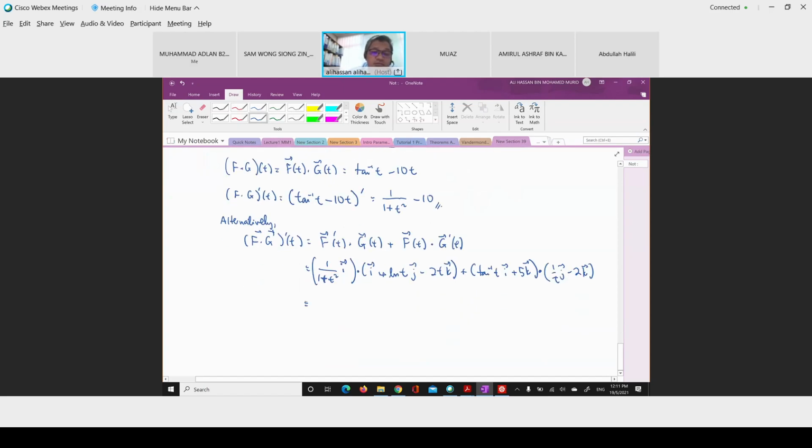Next we determine these two dot products. The first dot product is 1 over 1 plus t squared, and the second dot product is minus 10. So we have the same result as with the first method.